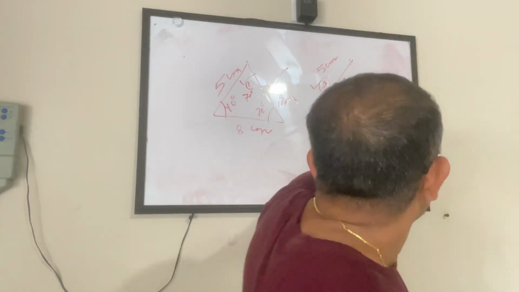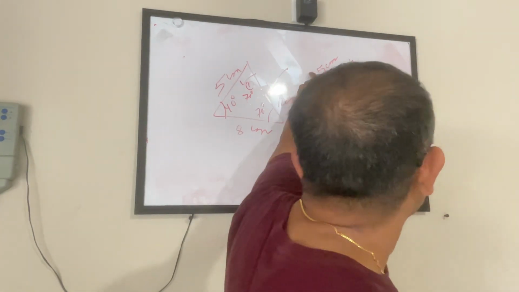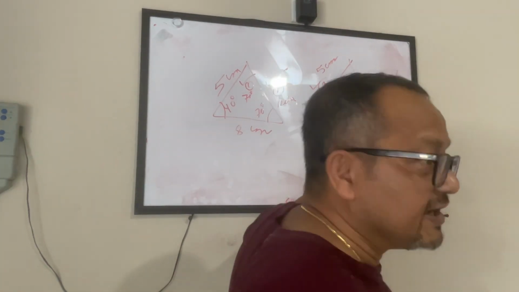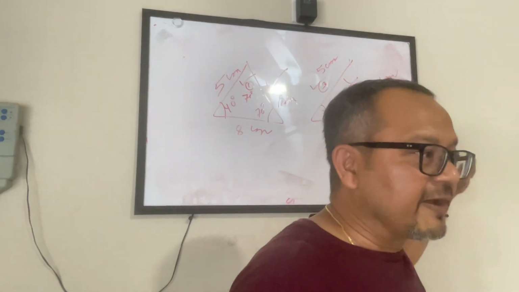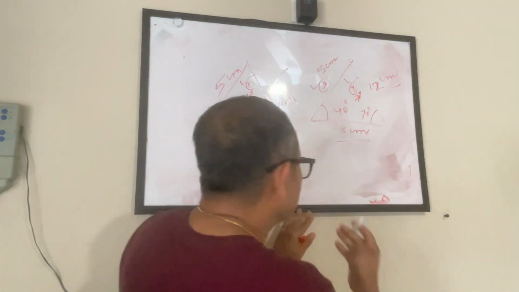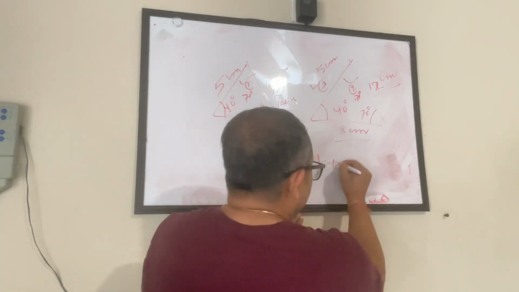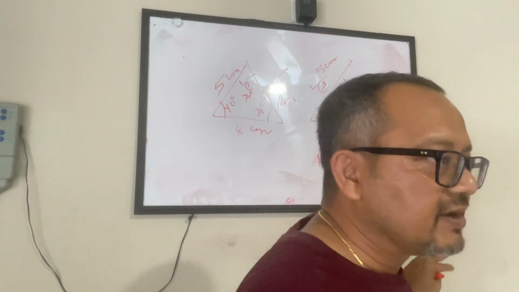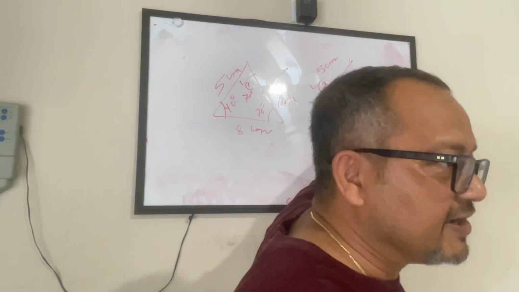Now look at this one. 12 plus 8, 20, greater than 5. That is also fine. 12 plus 5, 17, greater than 8. You are good. So what that says is, the sum of any two sides, A plus B, has to be greater than the third side. So that is fine here.